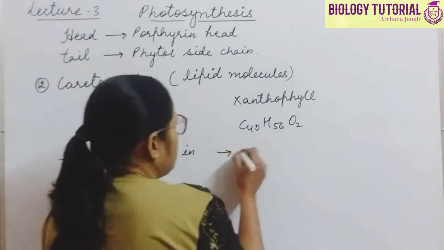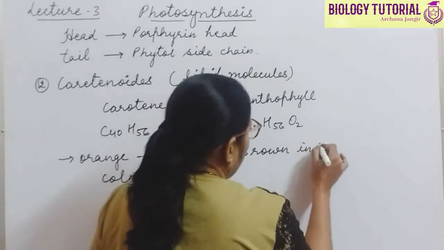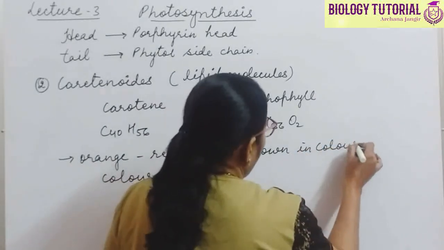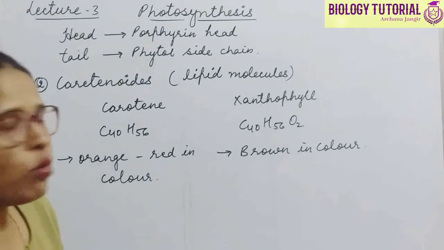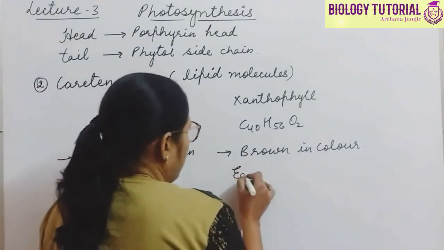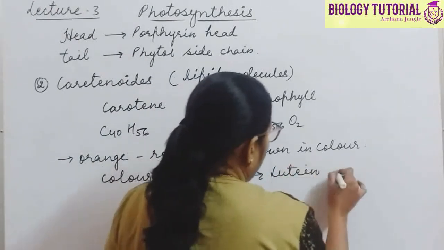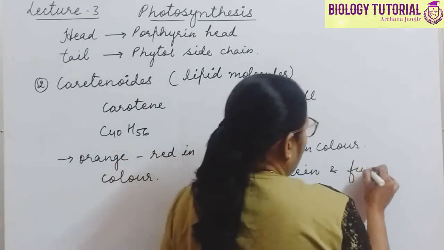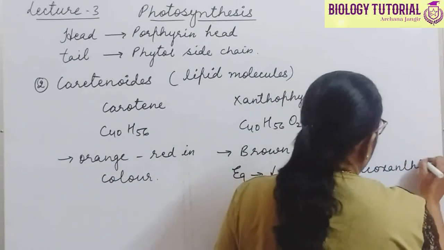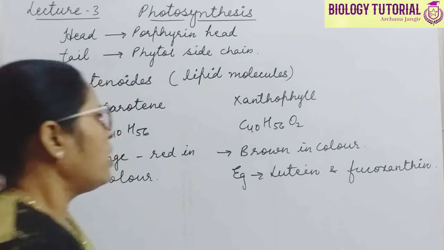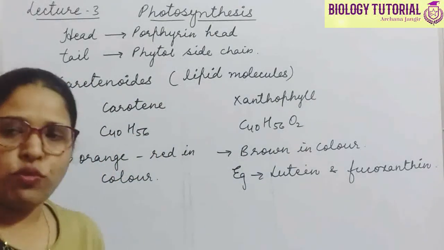The important xanthophylls are lutein and fucoxanthin. Okay. So these are the important carotenoids, that is carotenes and xanthophylls.